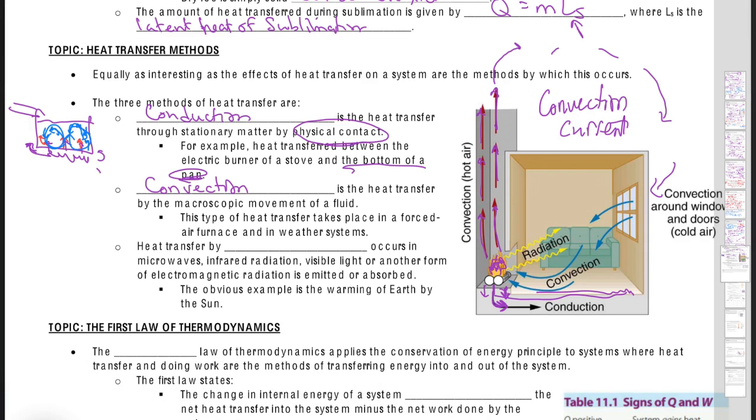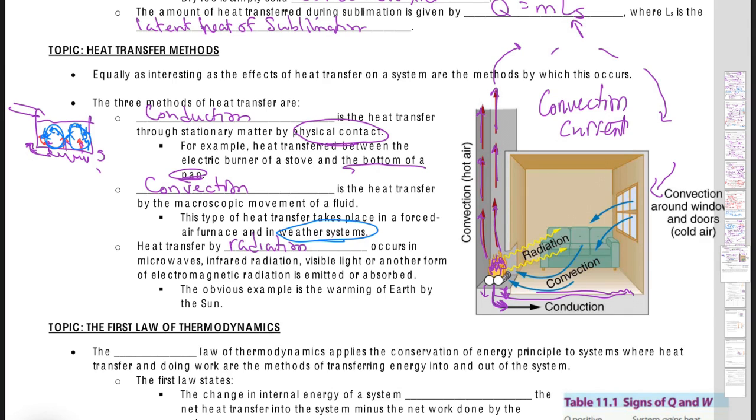A convection current. It's also the reason why you have weather systems, especially at the beach. There's a reason why the wind blows one direction during the day and the other direction during the night, because of where it's hottest versus where it's coolest, and the wind is going to blow in that direction.